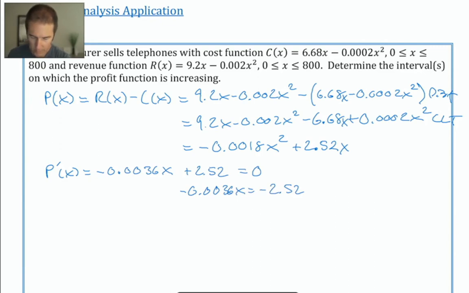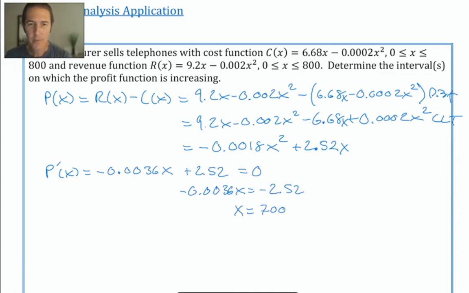And then we need to divide both sides by negative 0.0036. Dividing by negative 0.0036 equals 700. That turned out a lot nicer than I thought it was going to, I'll be honest.